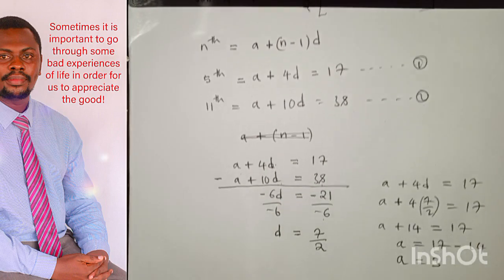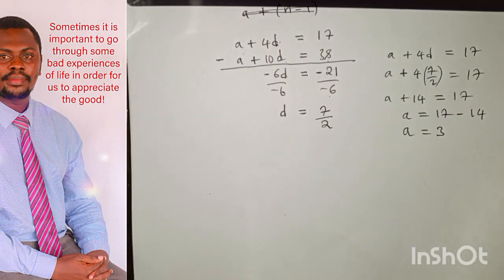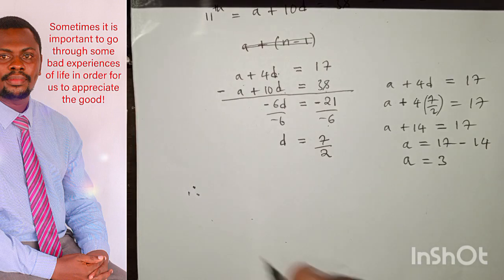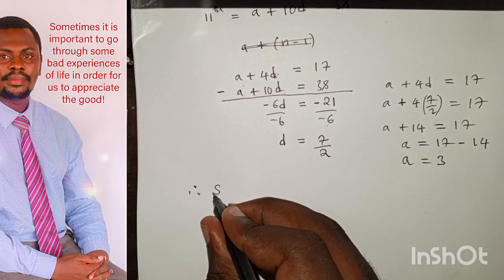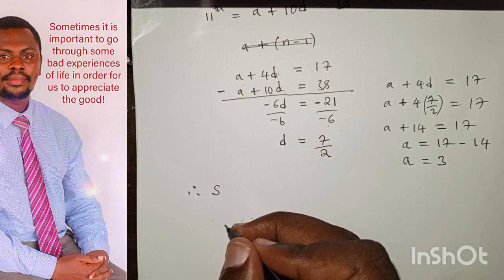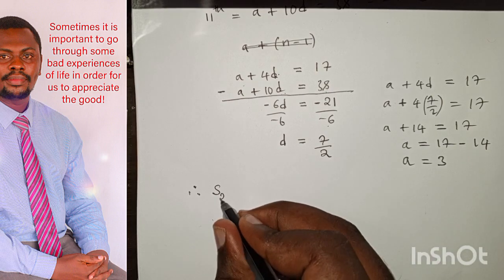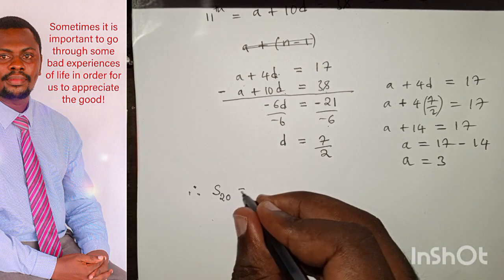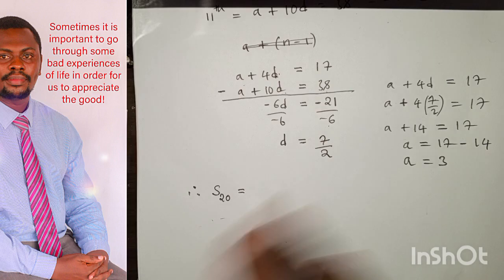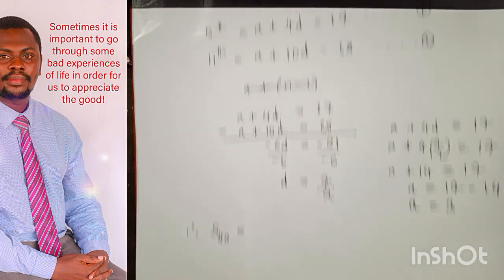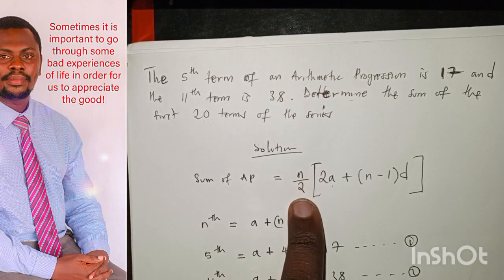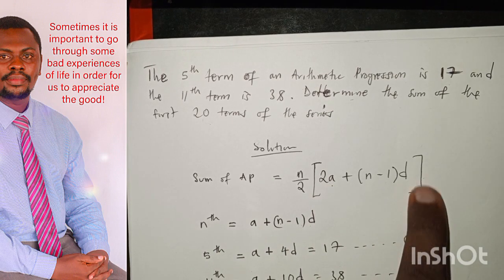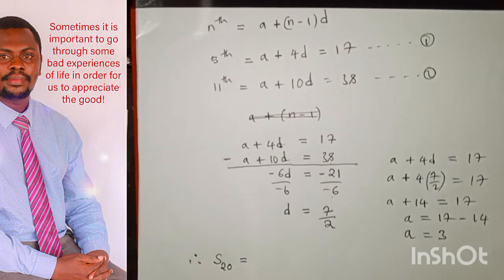Okay, so you say therefore, sum, we'll say S is the sum of 20 terms. So S sub 20 is equal to, okay, this is the formula. It's n over 2 times 2a plus n minus 1 times d.